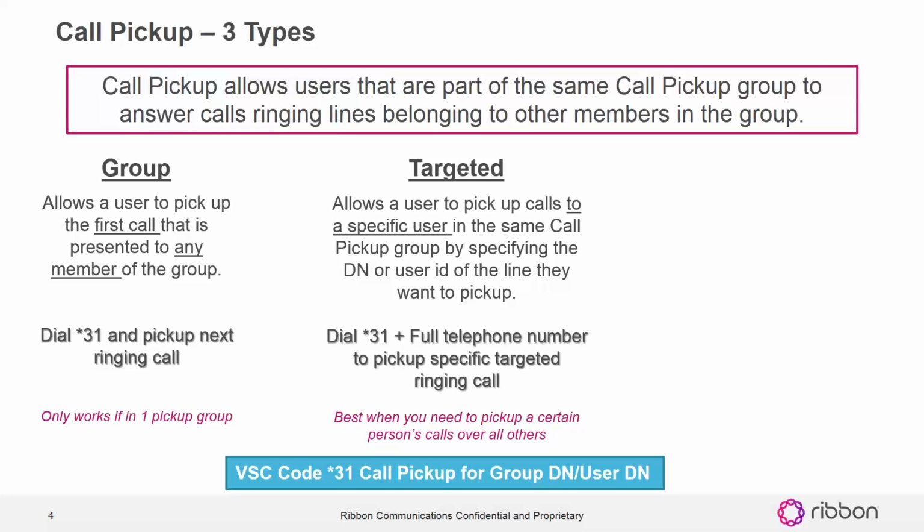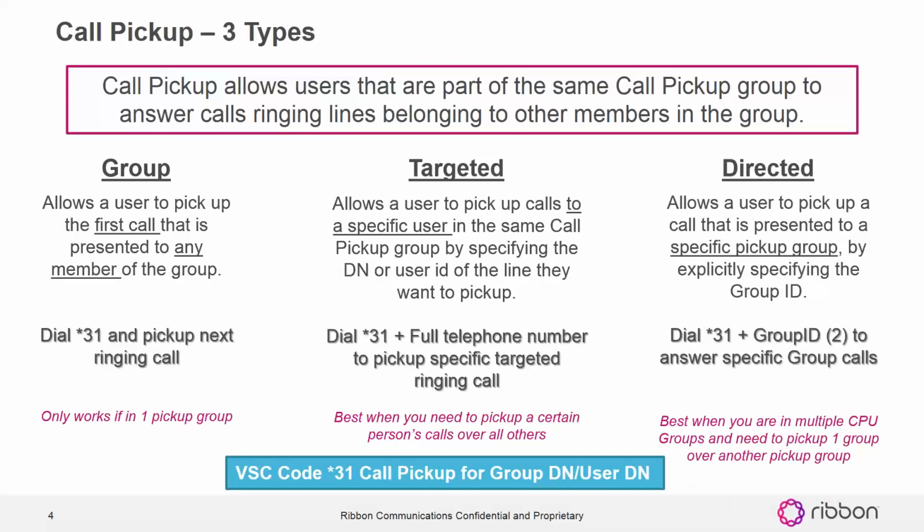That's quite lengthy, so we recommend doing a speed dial for that, and we'll go through that. But that's really good when you need to pick up a certain person's call over anybody else. So if Susie goes to lunch and says, hey, Sarah, can you pick up my calls while I'm going to run an errand, then this is how you would do that.